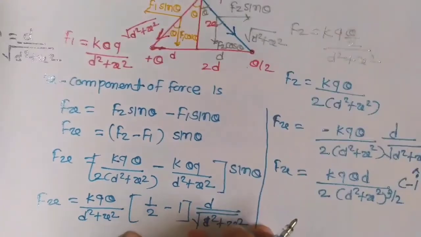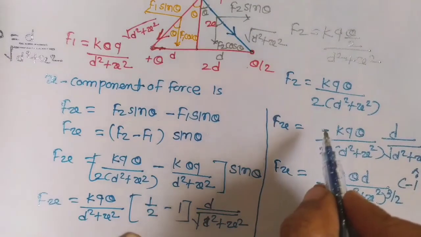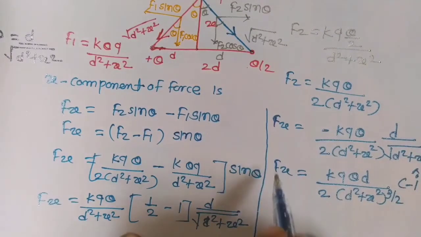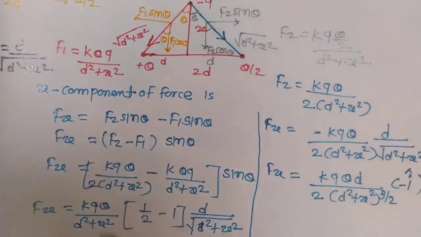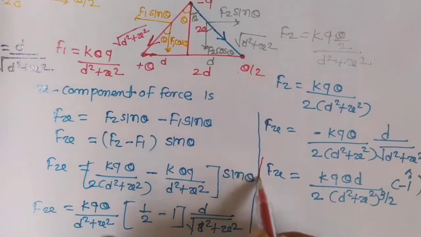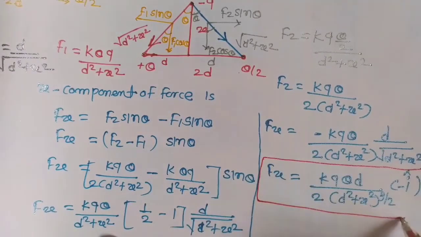This is in the x direction, therefore this is minus i cap because of this sign. So this is in the left hand direction. This is our x component with its direction according to our question.